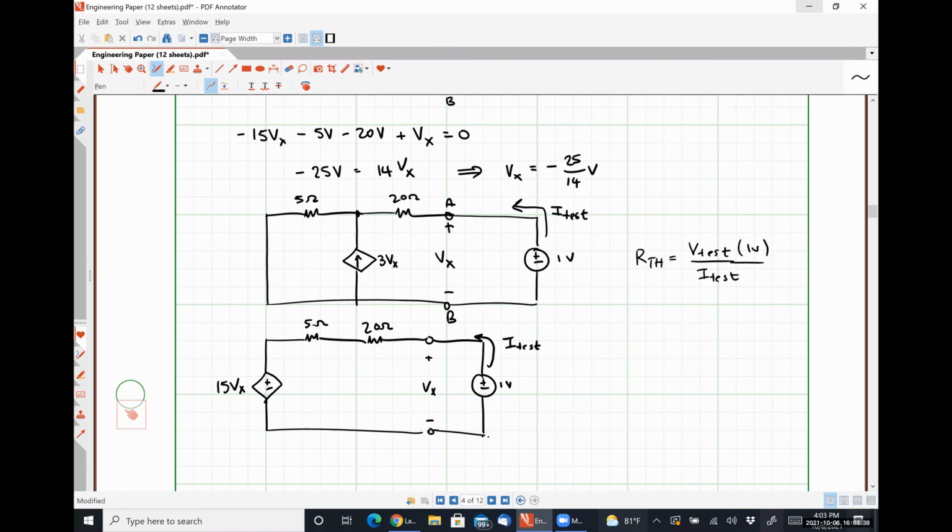All right. So our goal here is to figure out what I test is. Now, as Kyle, I believe, mentioned, we know that Vx is exactly 1 volt because we put a 1 volt source there, which means that this is just a 15 volt source.